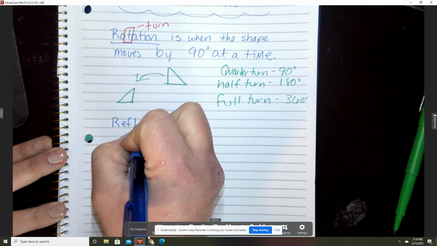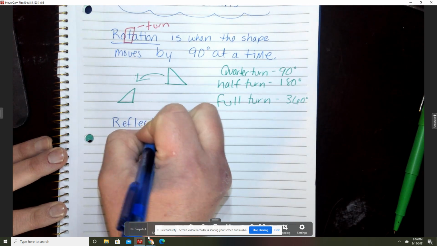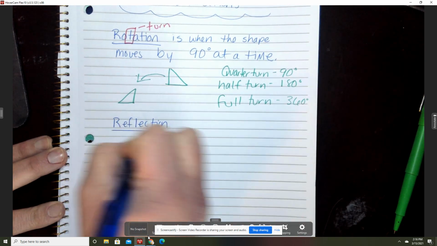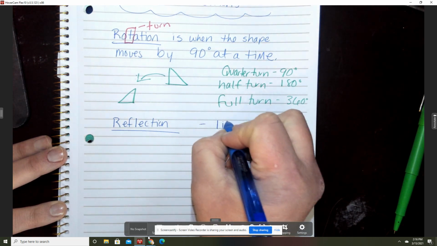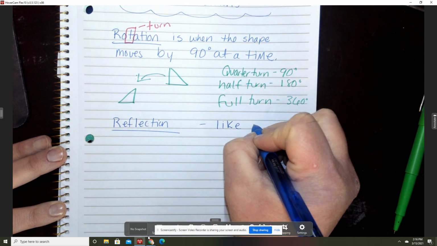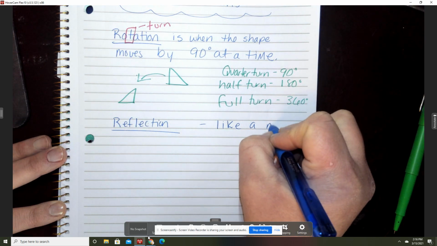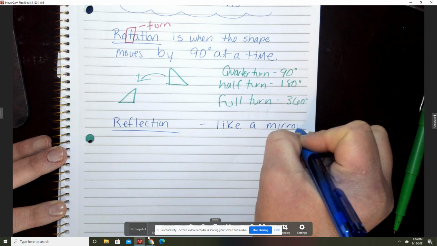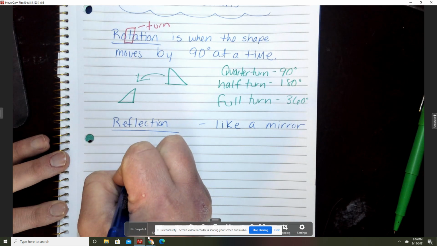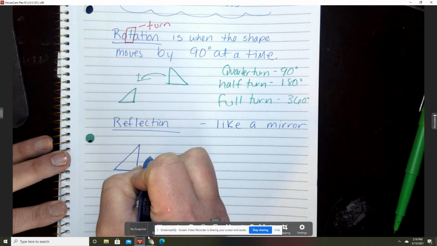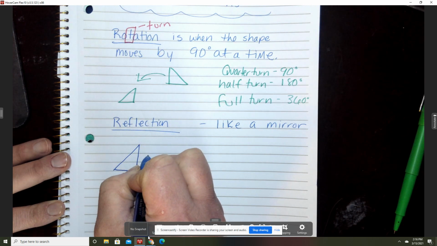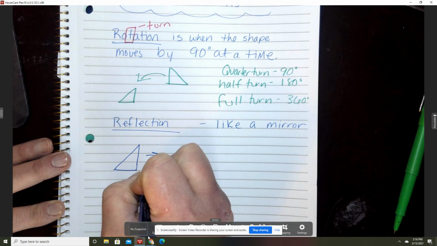Okay. Reflection is like a mirror. So if you have a triangle, you're going to have the mirror image of that triangle, right?